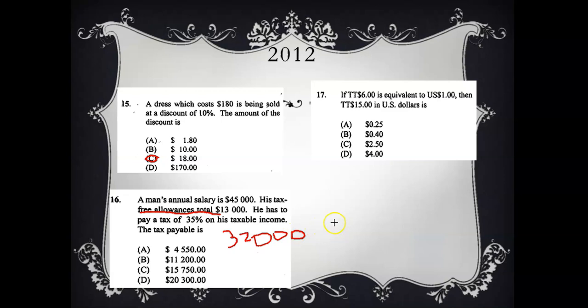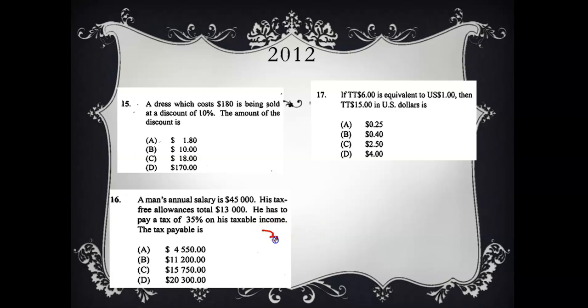And then, in order to find the tax that is payable, we find 35% of that amount. Okay, let me fix that.